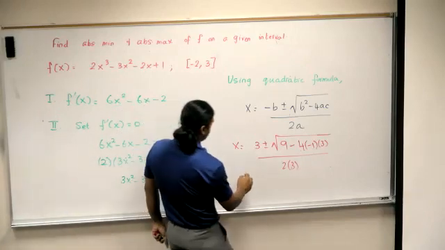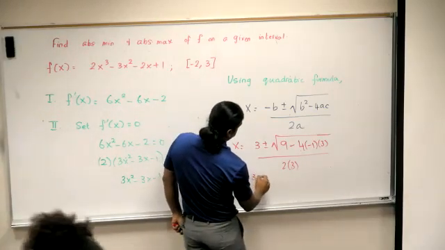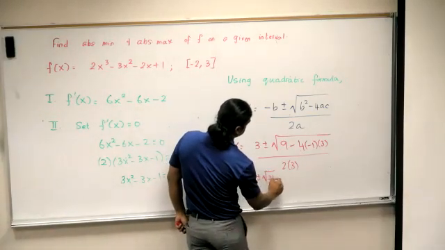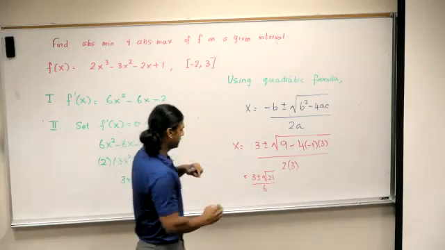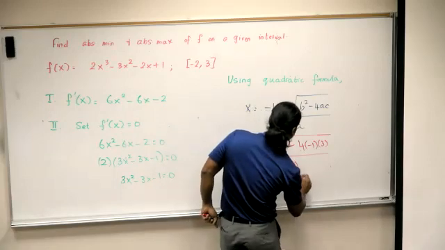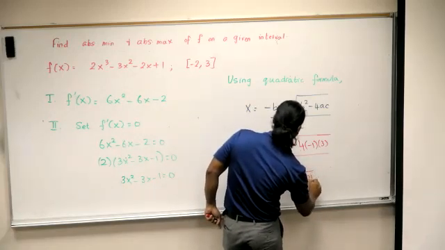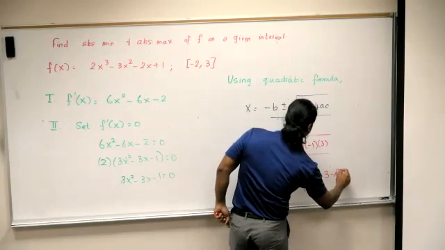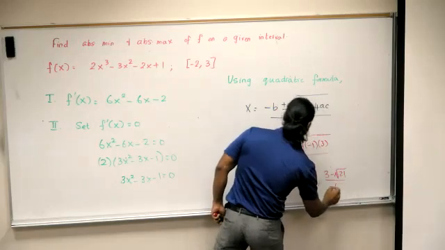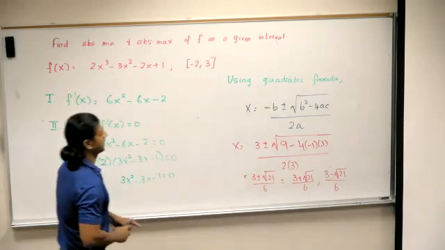So we will end up having 3 plus or minus square root of 21 divided by 6. So 3 plus square root of 21 divided by 6, and 3 minus square root of 21 divided by 6.